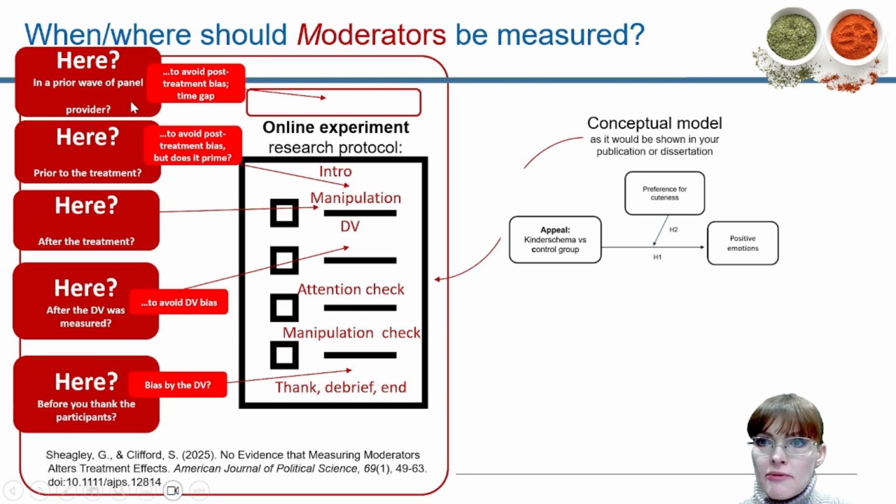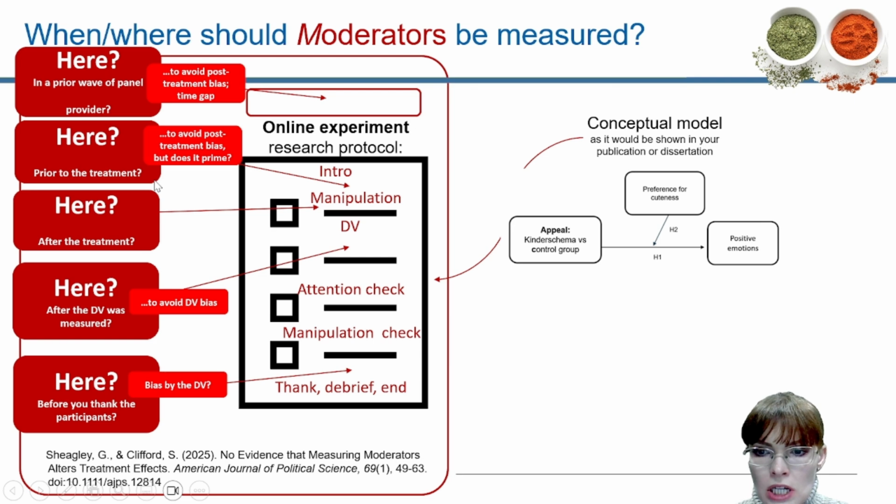For example, you have a panel provider, and maybe two or three weeks before the actual experiment, you administer and measure your moderator. That applies to situations when you have a panel provider. Very often we cannot do that. We run our experiments in one shot, one opportunity, right? And then the question is, where should we place it?